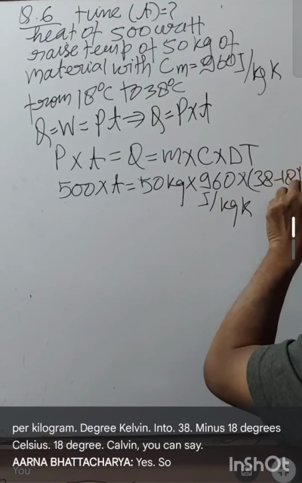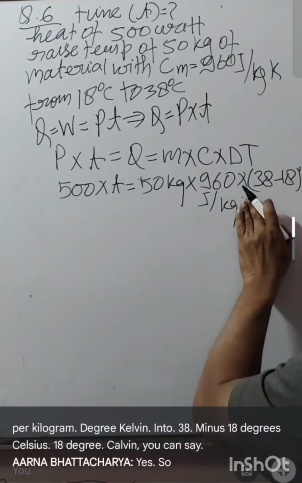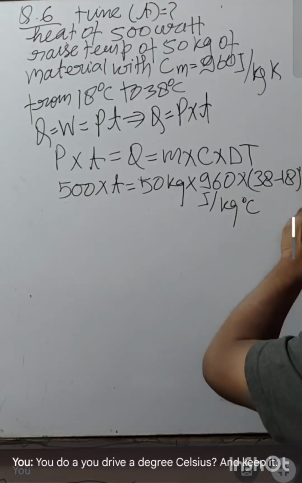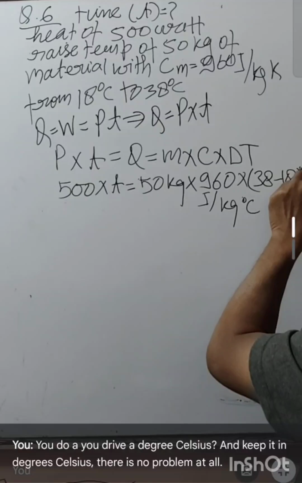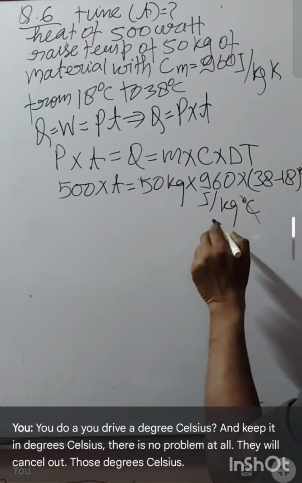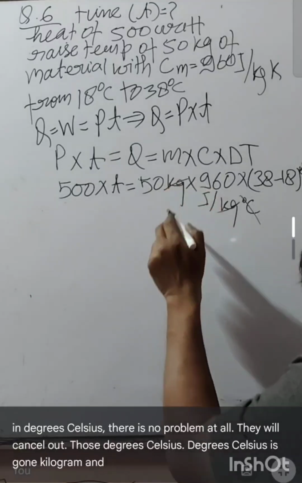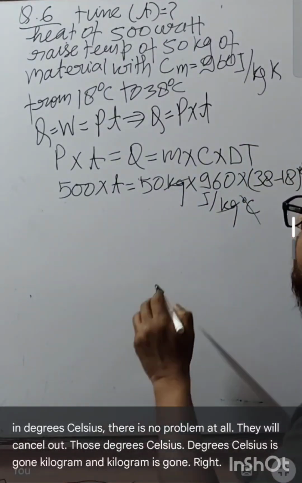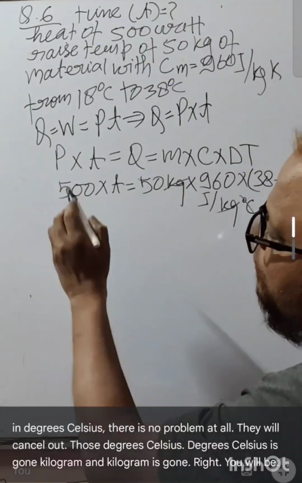You write here degree Celsius and keep it in degree Celsius. There is no problem at all. They will cancel out. This degree Celsius is gone, kilogram and kilogram is gone, right? Joule will be cancelled out with this.